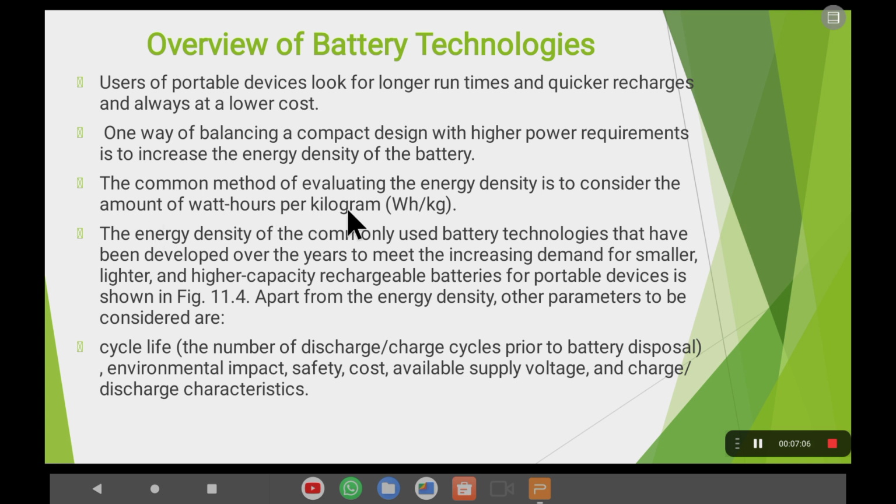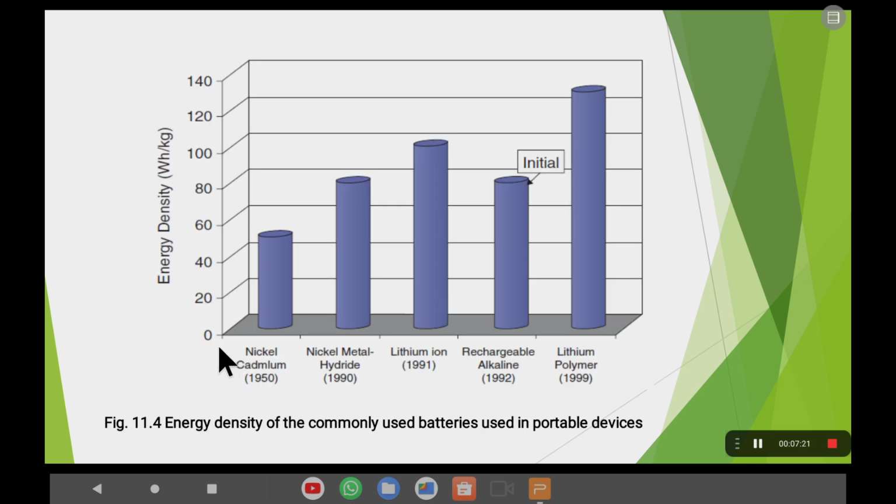As well as the energy density of the commonly used battery technologies that have been developed over the years to meet the increasing demand for smaller, lighter, and higher capacity rechargeable batteries. So this is just a brief introduction about battery life. That means the energy capacity may not be up to the mark compared to the power consumption, and that gap will increase over the years. These are some of the available batteries.